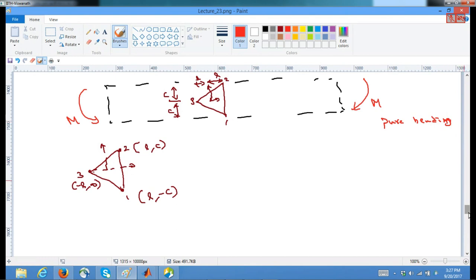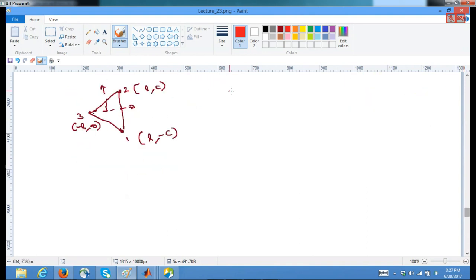When you subject it to pure bending, from the theory of elasticity, the exact solution for this problem is, from the theory of elasticity, I'm not deriving this, but I'm just writing it for convenience.